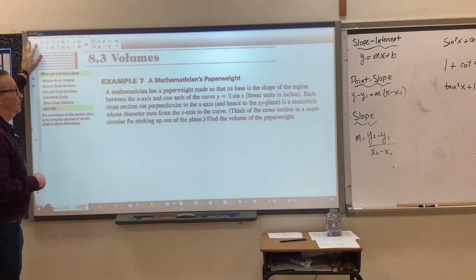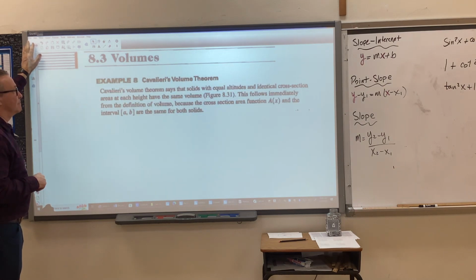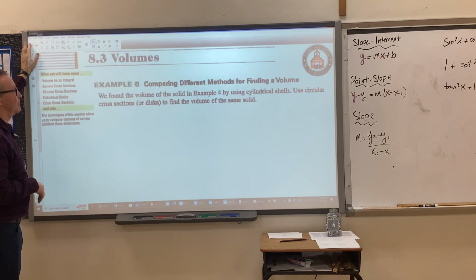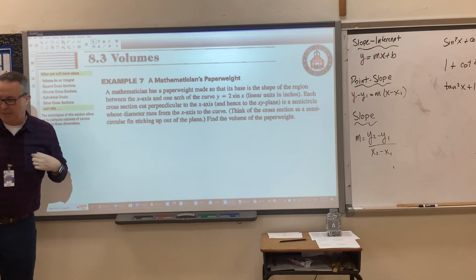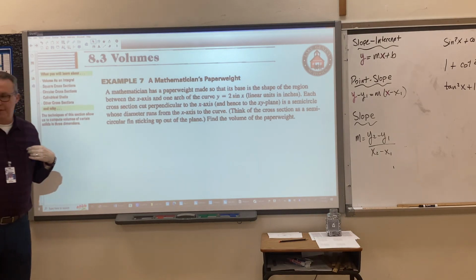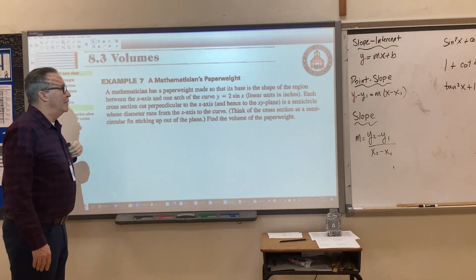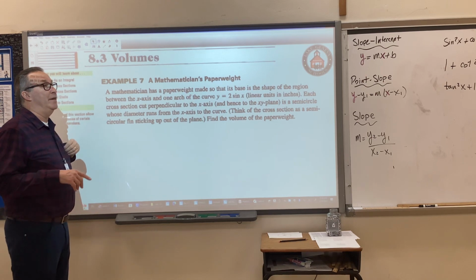I already did. Yeah. This is an integration problem: find the volume when you know the shape of the cross section.